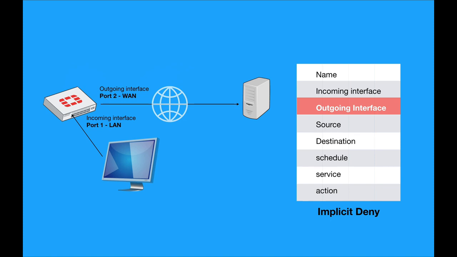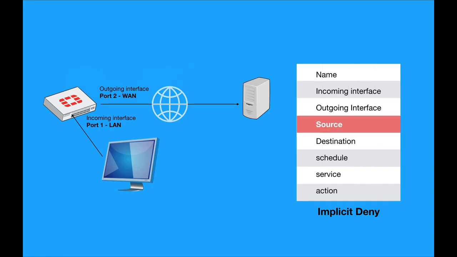It can be the DMZ. The incoming interface is known as the ingress interface. The outgoing interface is known as the egress interface. So we have two interfaces, the incoming interface, the outgoing interface, and from there we move to the source.